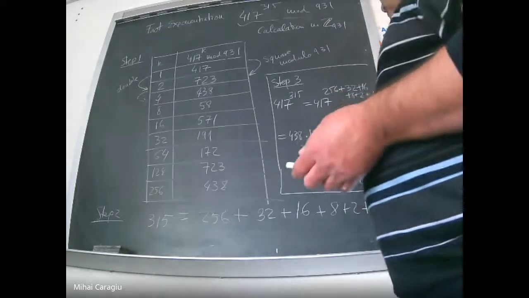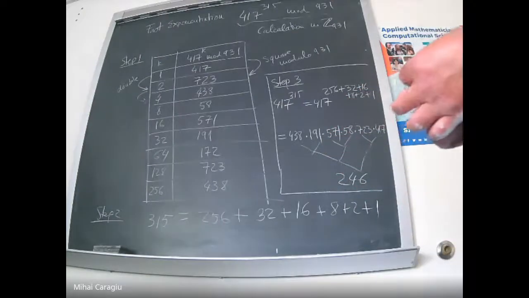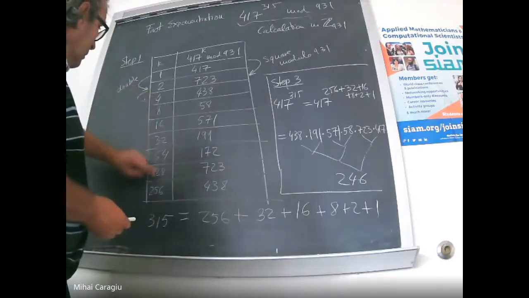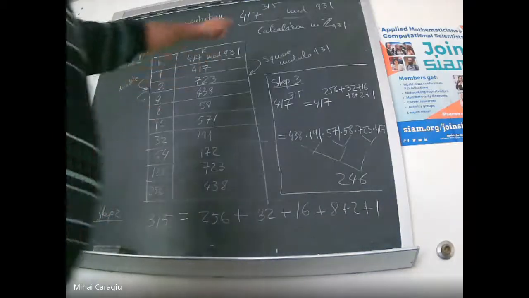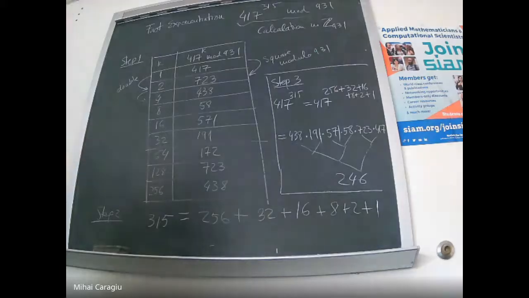Then for this one, 1 multiplication, 2, 3, 4, 5 multiplications. So 5 plus 9 is 14 multiplications to calculate the 315 power. Which again reflects the effectiveness of the fast exponentiation algorithm.